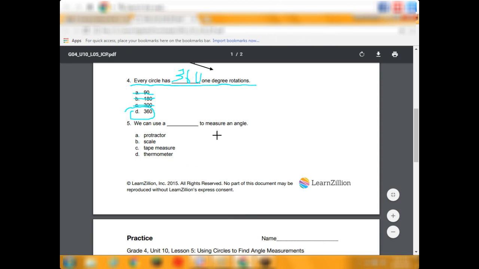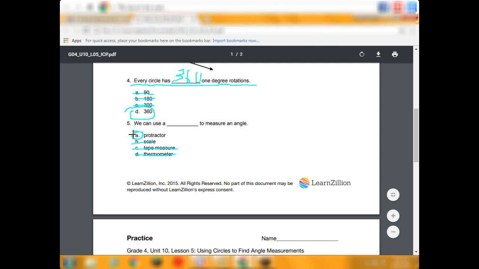We can use a blank to measure an angle. We know it's not a thermometer or a tape measure because thermometers are used to tell the temperature and tape measures are used to measure things. And a scale is not, because say you bought a bag of broccoli and you're going to weigh how much the broccoli is, and that's what the scale is.